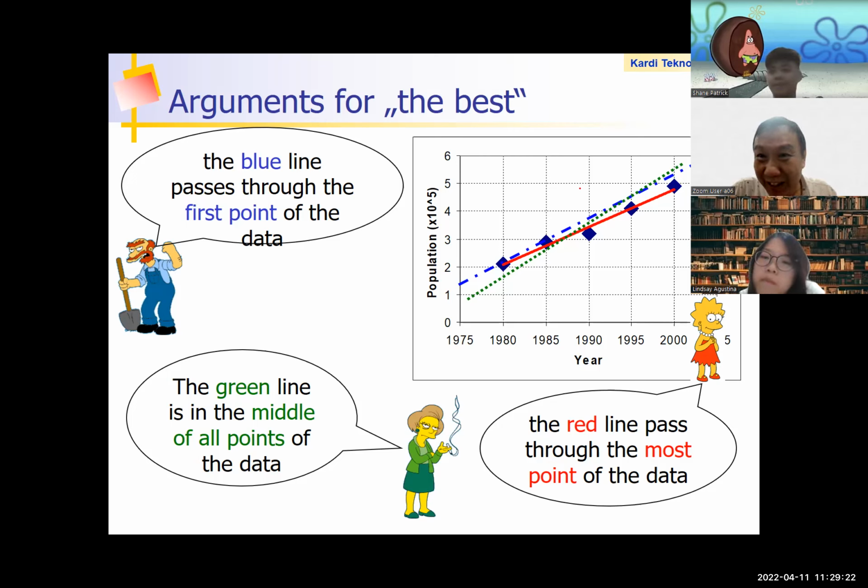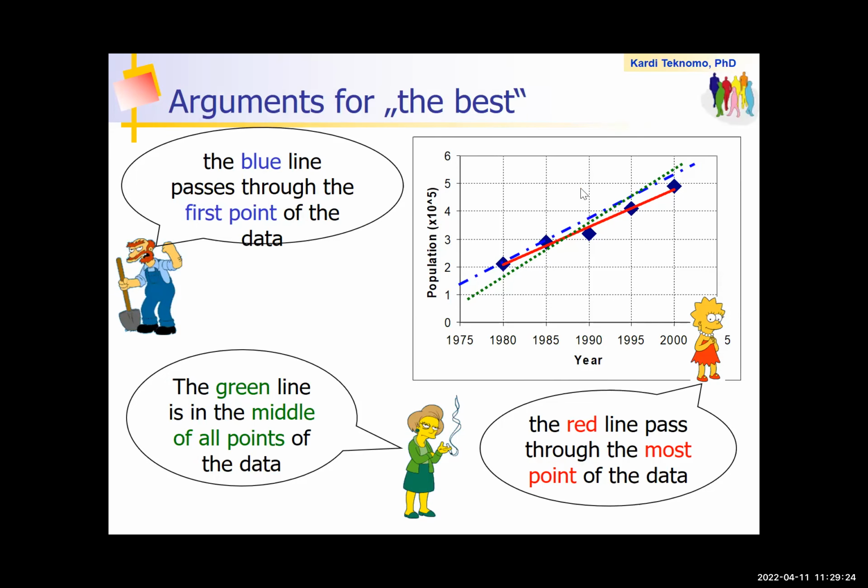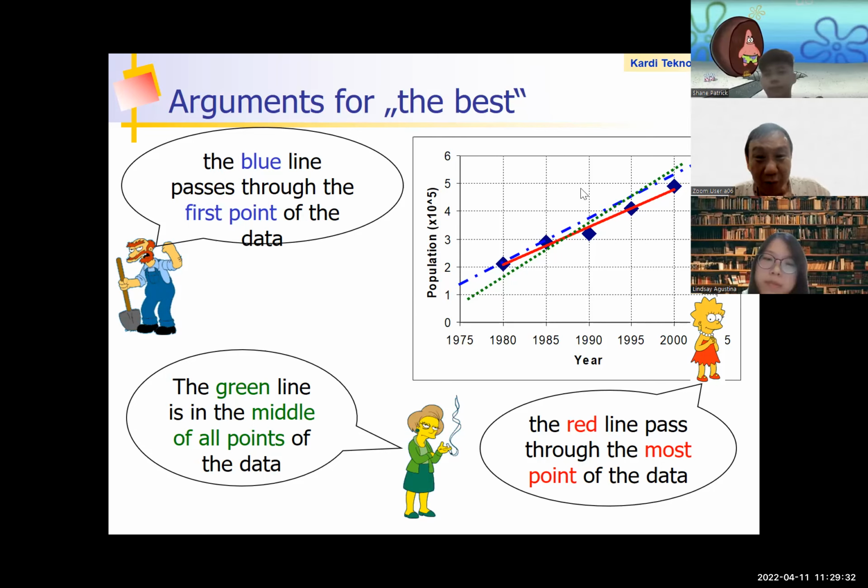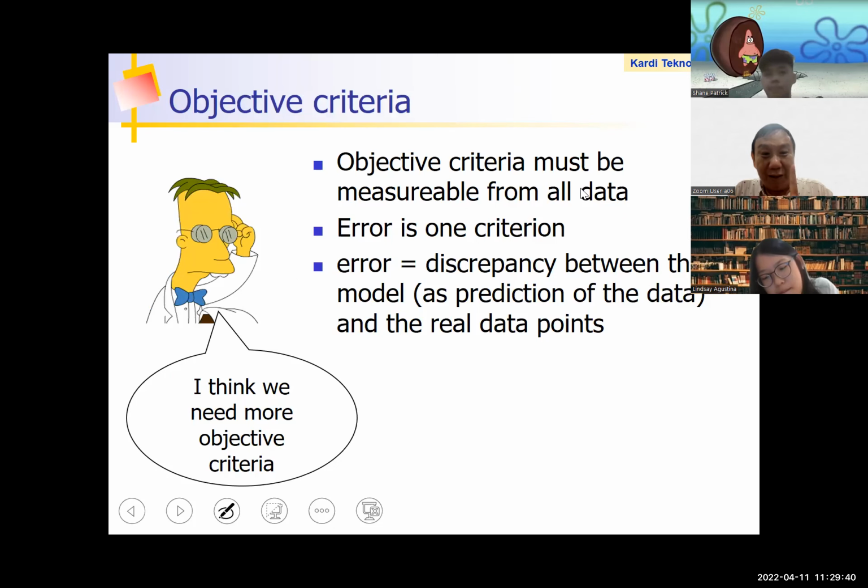And the red line, because it passes through most points of the data. Everyone will have their own argument on what is best, because they have different criteria, isn't it? But I think we need more objective criteria to say which is best.